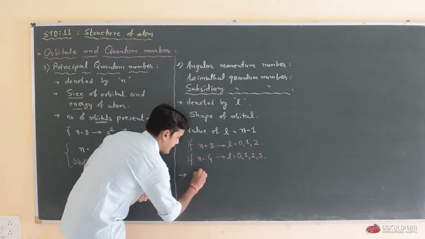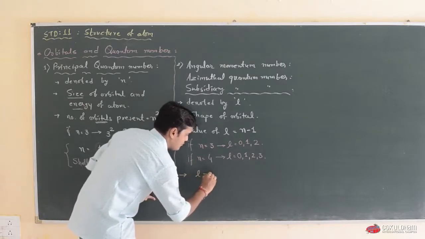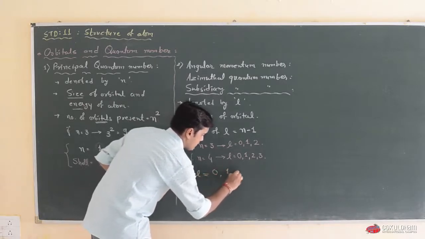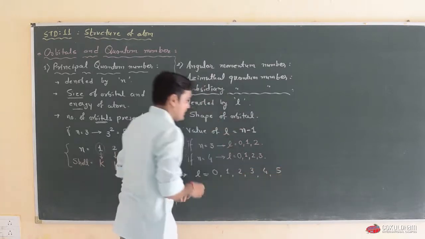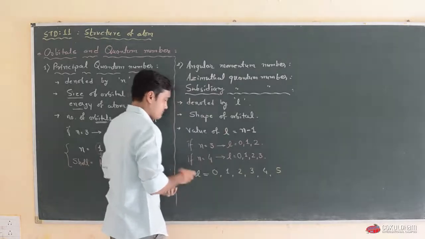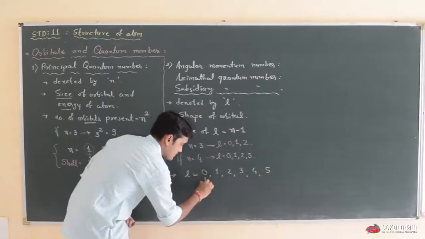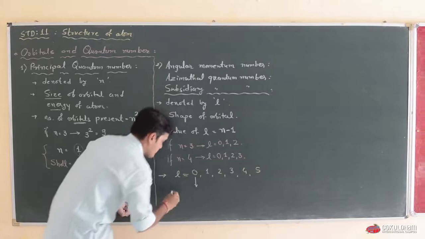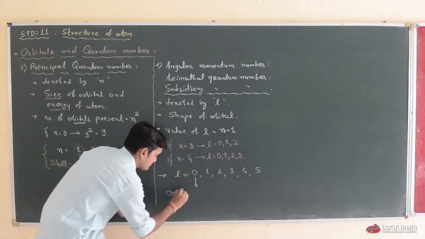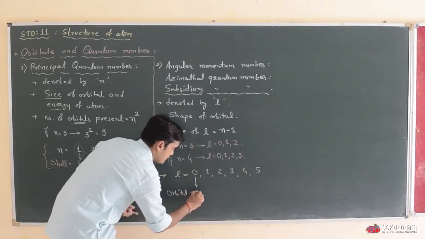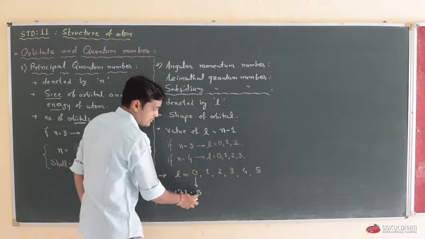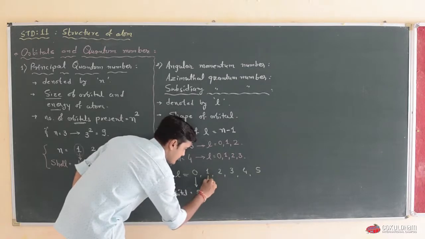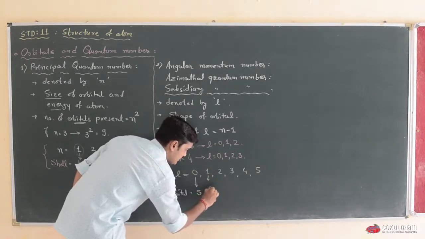Now the values of L: the value of L is 0, 1, 2, 3, 4, 5. When L is 0, the orbital is s. When the value is 1, then the orbital is p.